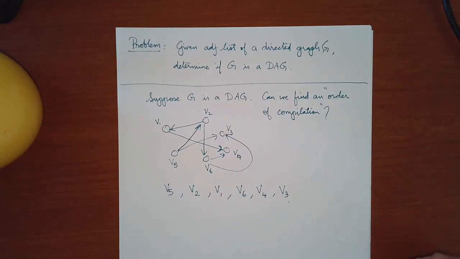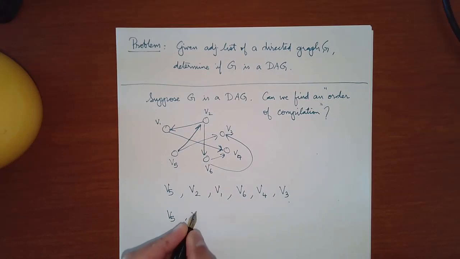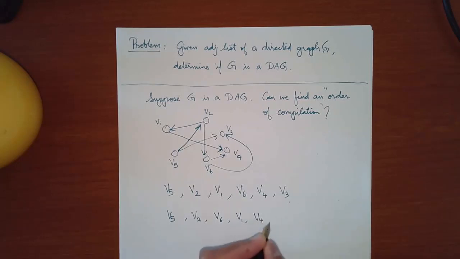Okay, someone seems to have it. Someone says swap 1 and 6. Okay, what about this? V5, V2, V6, V1, V4, V3. Both of these are valid. But what am I really doing? Can you tell me something about this ordering with respect to the edges of the graph?